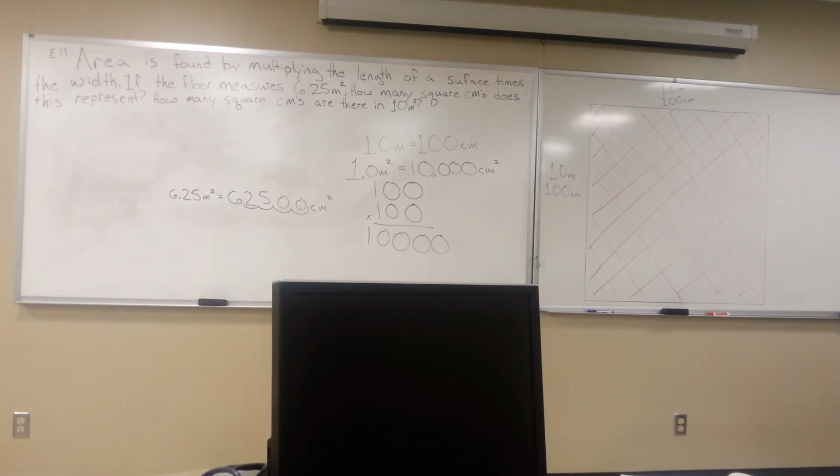You don't have to measure, but you can measure the floor. We don't usually measure in terms of meters here in the United States. We usually use inches and feet. Well, here's a great example of one thing that we actually use.